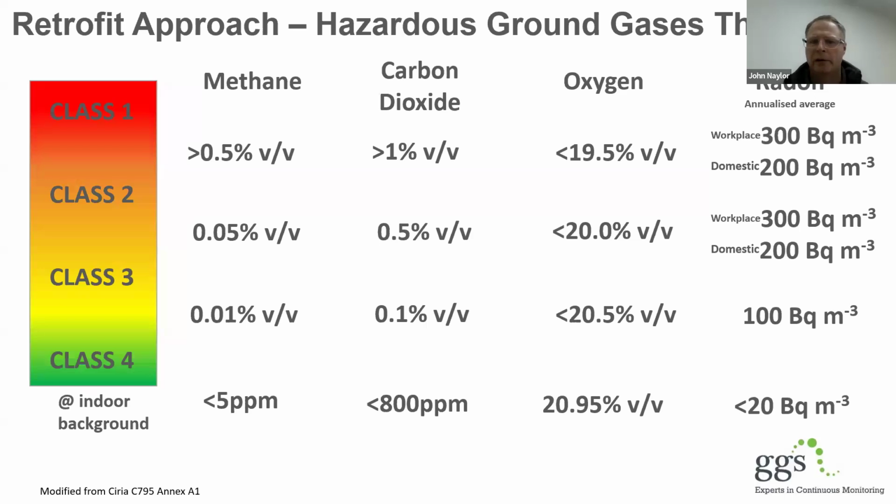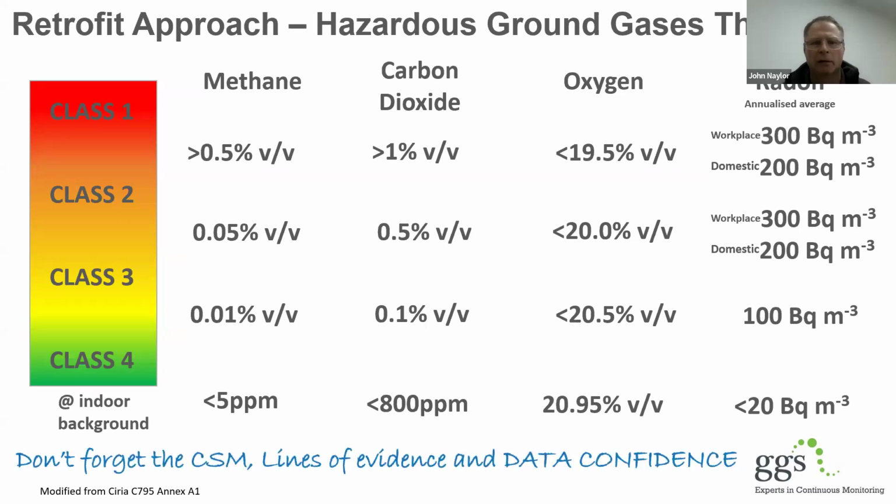Anything less than 100 becquerels is deemed okay, but above that, we might want to do something about it. I know you've got some domestic and workplace figures there that you can work from. But when you're applying these numbers, very similar with the GSVs, don't forget your conceptual site model, lines of evidence and data confidence as well.